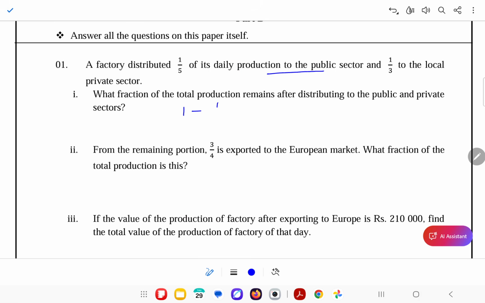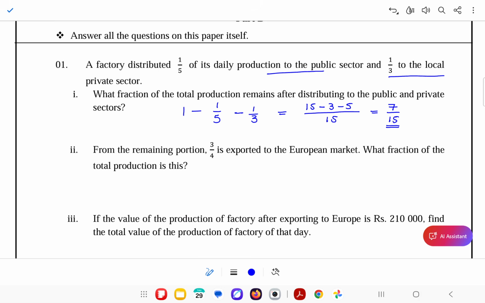Public you give 1/5, so we have to remove that, and 1/3 to the local private sector, so you have to remove that part also. So take the common denominator, which is 15. 15 minus 3 minus 5, so 7 over 15. That is the amount remaining as a fraction, 7 over 15.